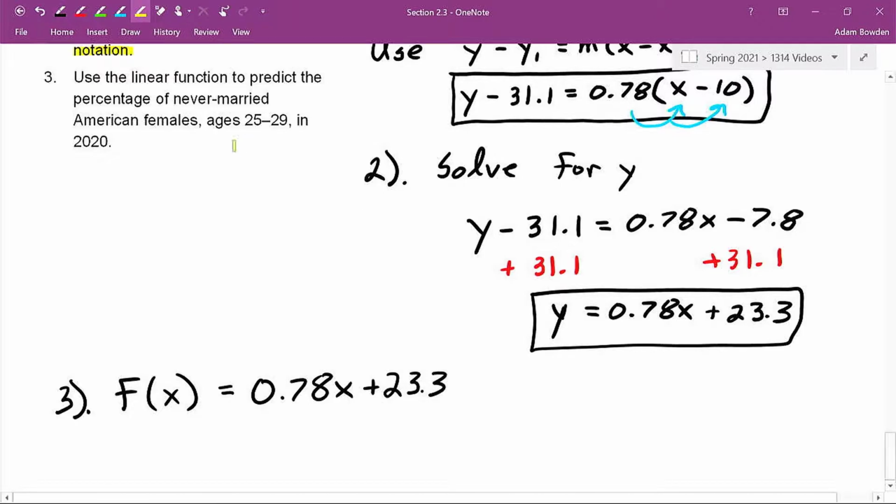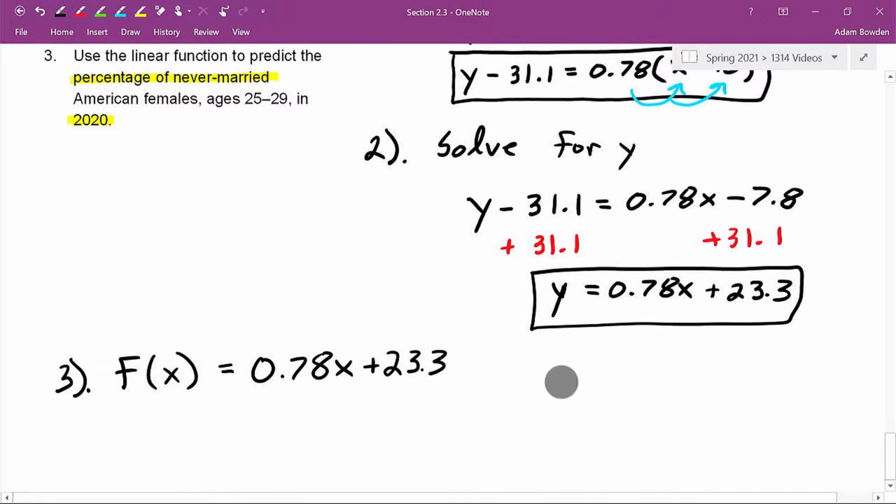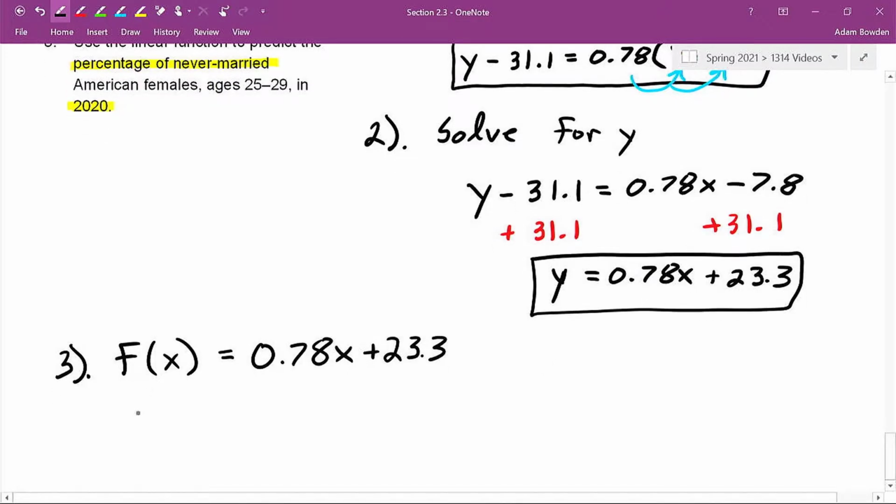And let's use that to predict the percentage in 2020. Keep in mind that x is the number of years after 1980. So we're starting from 1980, and we know that 2020 is 40 years after 1980.